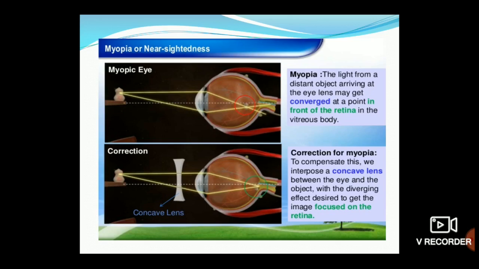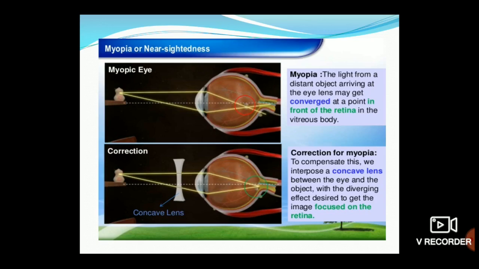You can observe in the second picture, in front of the eye lens there is a concave lens kept. After keeping the concave lens, you can see the image is formed on the retina. It means the person can see the distant objects clearly.